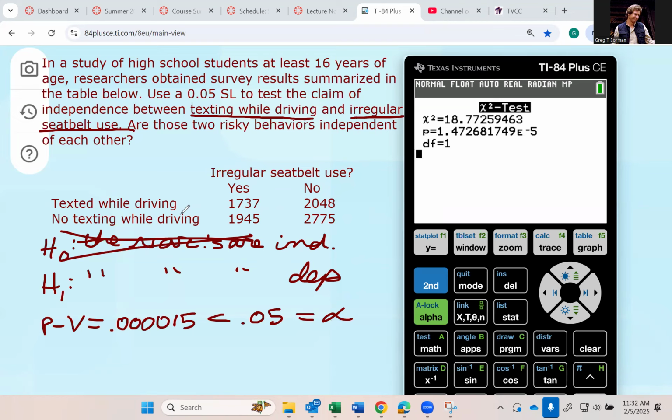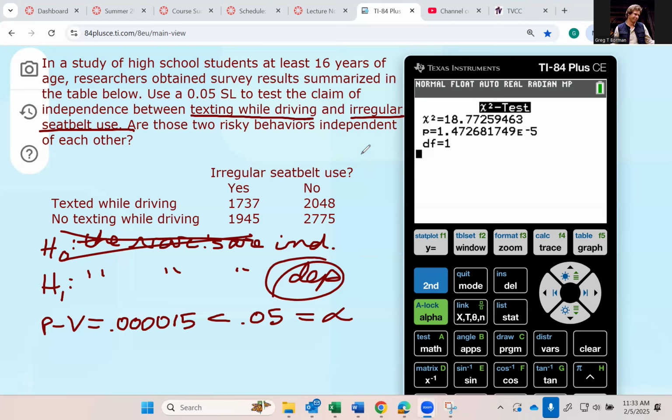Maybe, who knows, not wearing a seatbelt affects whether or not you text while driving. We don't know. We haven't explored that. We just know that the 2 variables appear to be dependent.